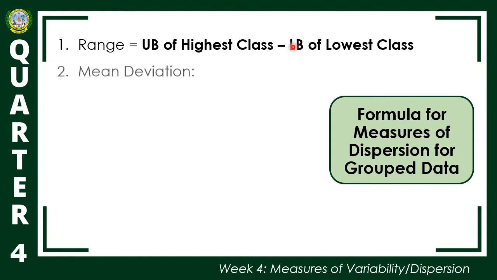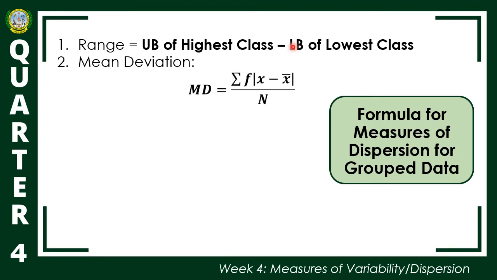Next is the mean deviation. So this is the formula. MD equals summation of F times the absolute value of X minus mean all over N. So halos katulad siya nung sa ungrouped, nagkaroon lang ng F dun sa labas ng absolute value. Okay, and by the way, yung X dito, it refers to the class mark.